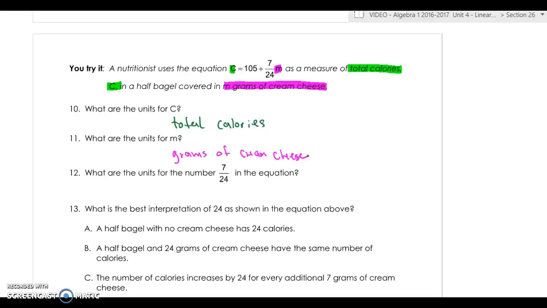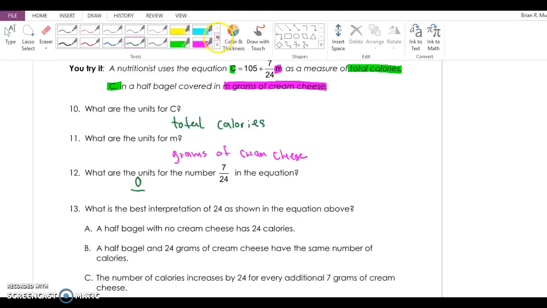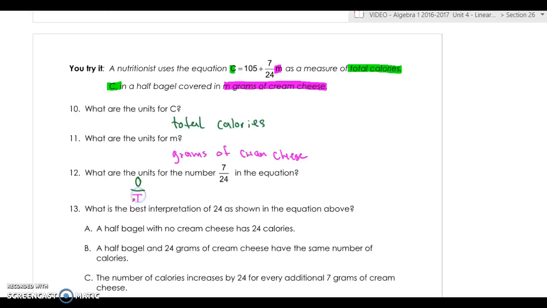Question 12, what are the units for the number 7 over 24? So if we get this idea down that it's the output over the input, that makes things a little bit easier.